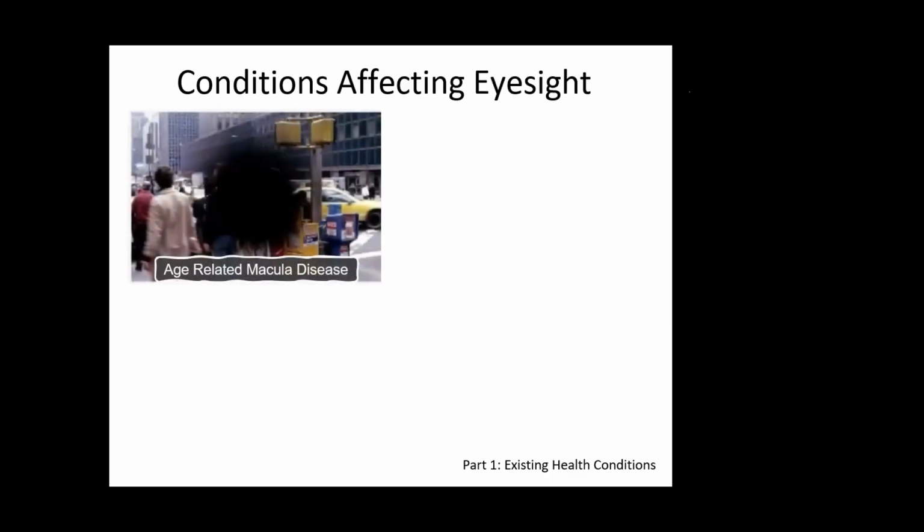Next, we're going to talk about conditions affecting our eye. The first is age-related macular disease. The macula is a section of our retina, the center of the retina, that is responsible for getting the details of our vision and is the center part of our vision. If we have macular disease, the center part of our vision will be lost.